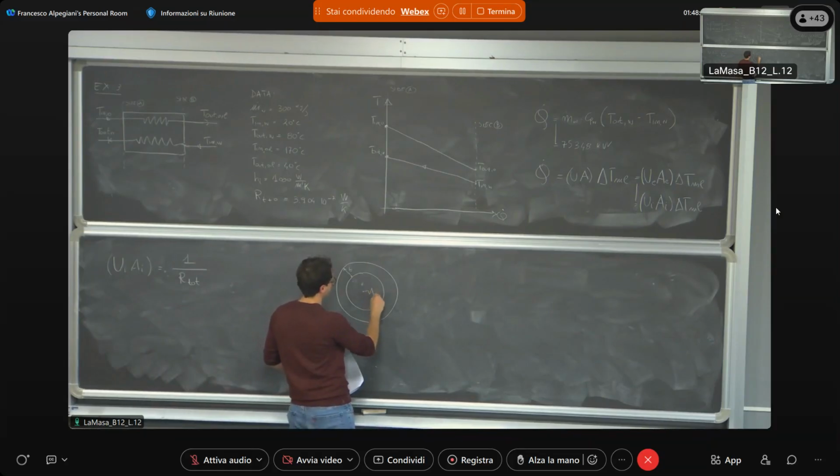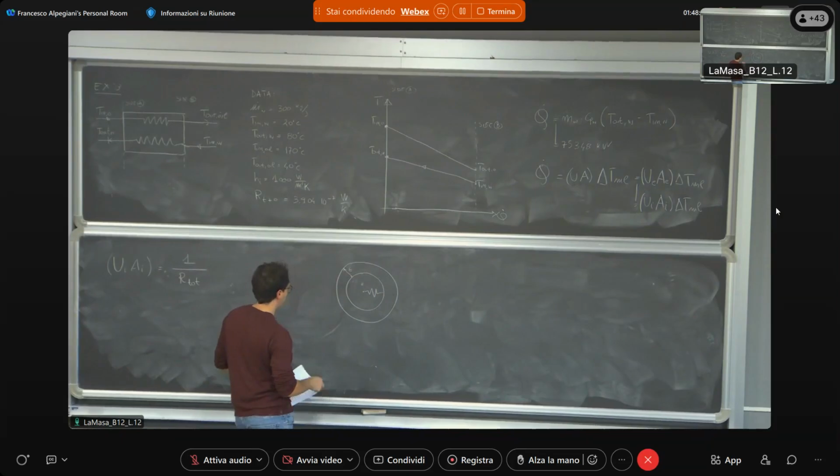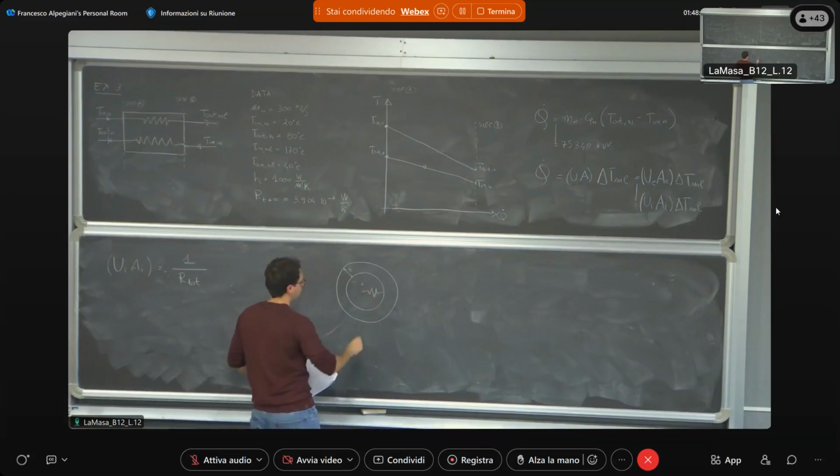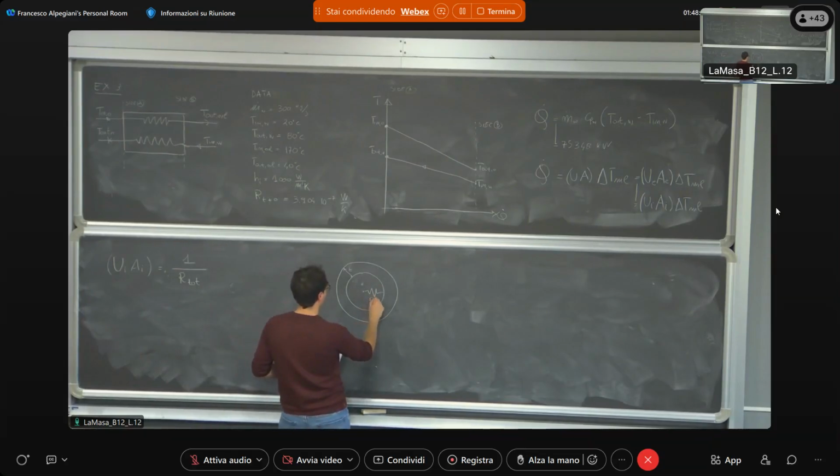The first resistance is related to the convective resistance between the water and the internal side of the tube, that we can call Ri.